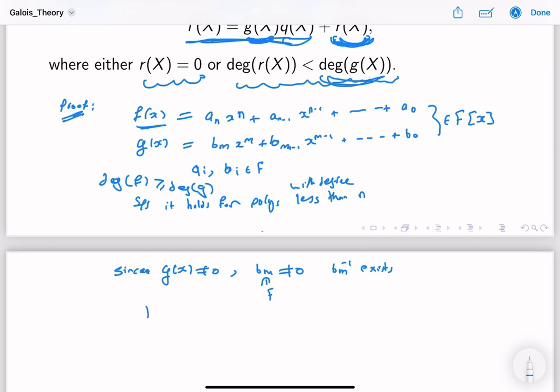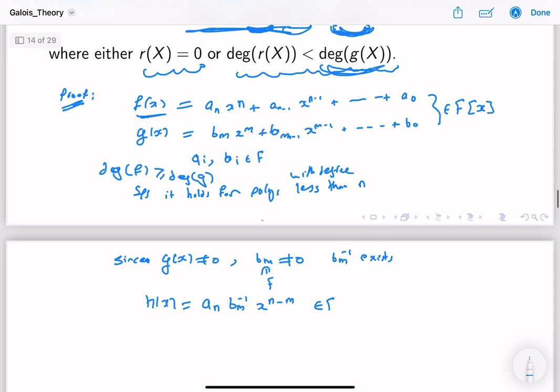Now let's take h of x to be an bm inverse x to the n minus m, and I'm gonna make it clear why we're taking this polynomial. So this polynomial is also in F[x]. I hope that this is clear.